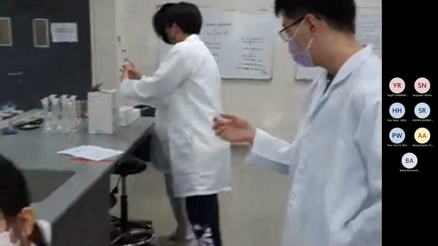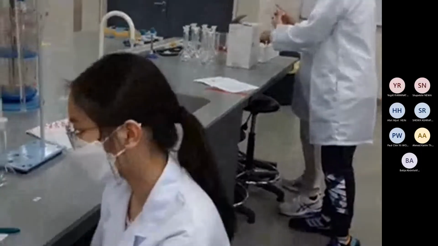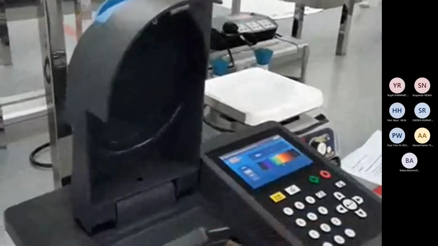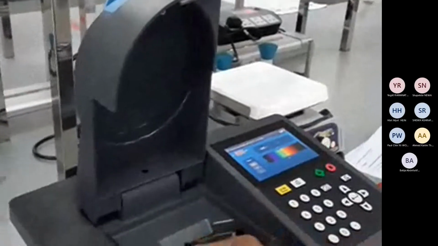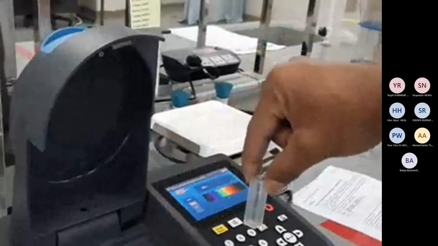So the clear, transparent side should go here, so that the light can pass through the clear part. It should face the clear path.